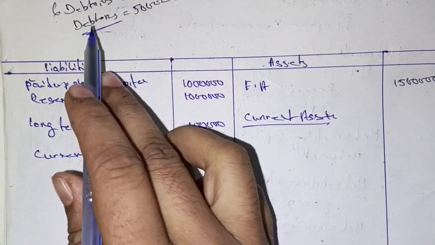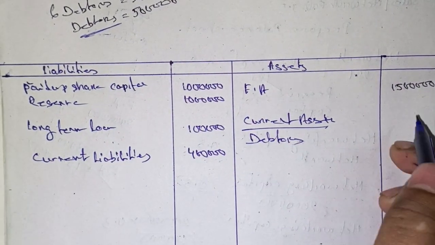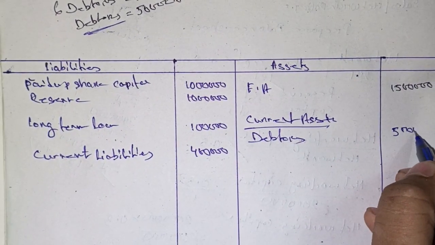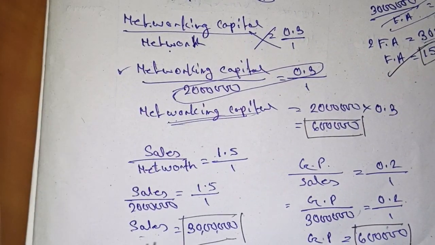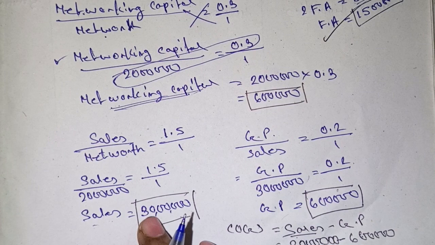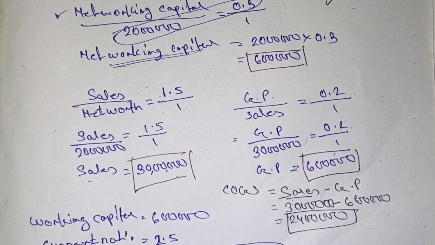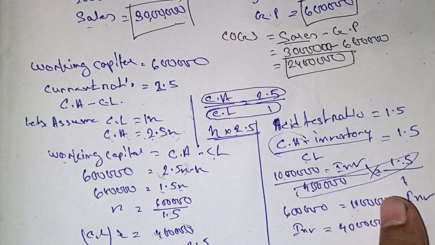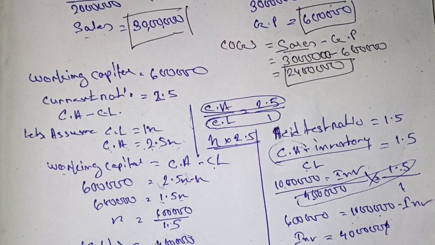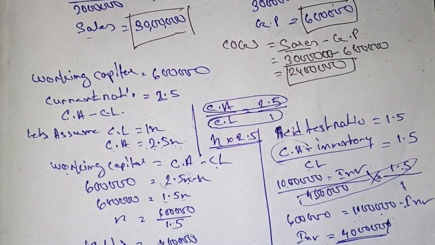In the current assets we will put our debtors. Debtors is 5 lakh. Sales we do not put in the balance sheet. Cost of goods sold is also not there, and I can't see anything else, but our inventory is 4 lakh and our total current asset will be 10 lakh.